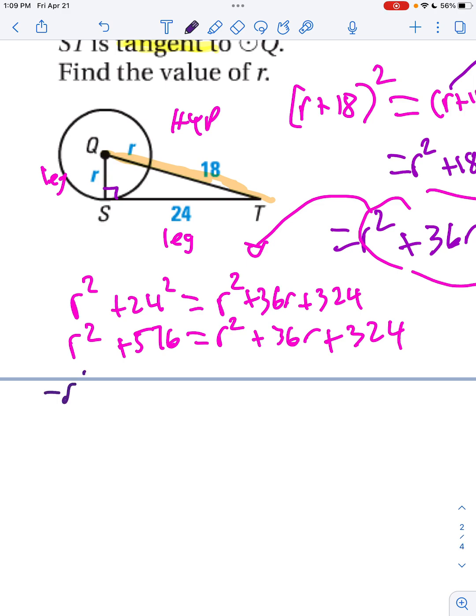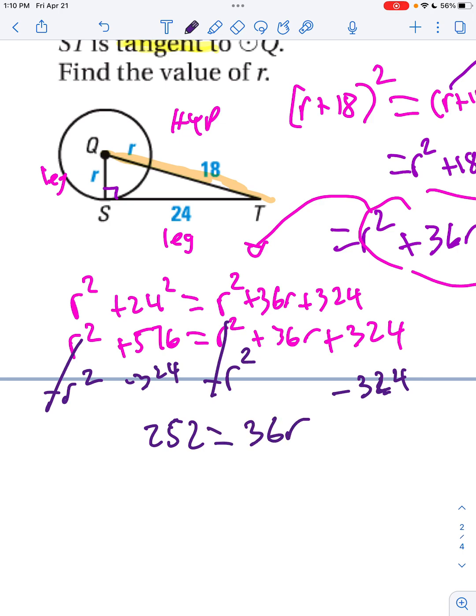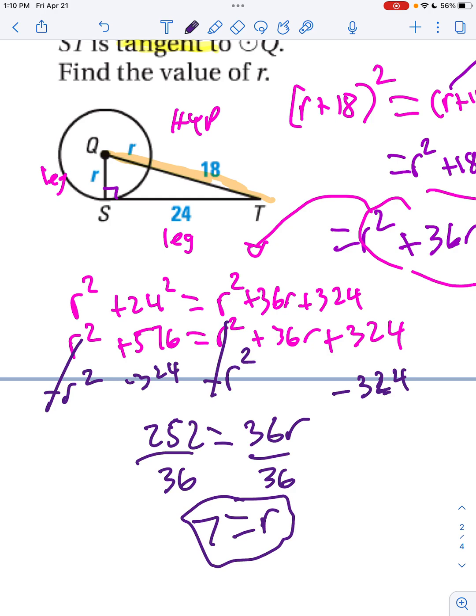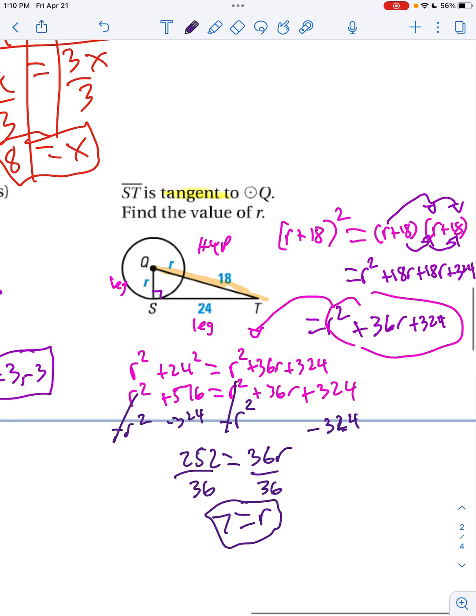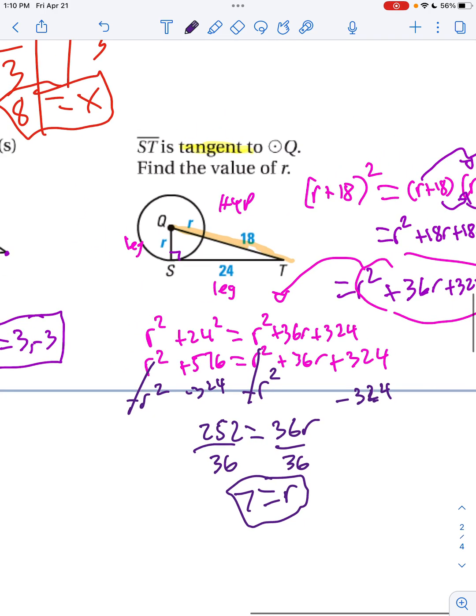I'm going to subtract r squared, that cancels out. I'm going to subtract 324, and get 252 equals 36r. And the last thing to do is divide by 36 and get r equals 7. So that was a lot of work to find the radius, but the radius is 7.